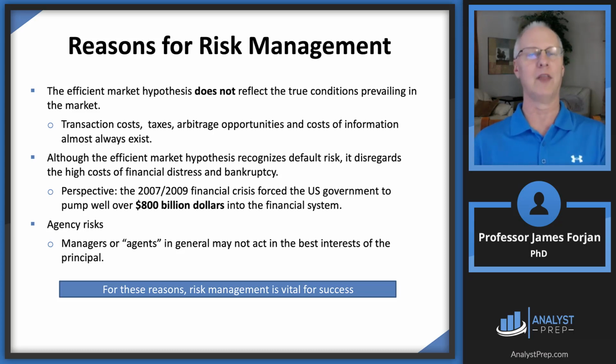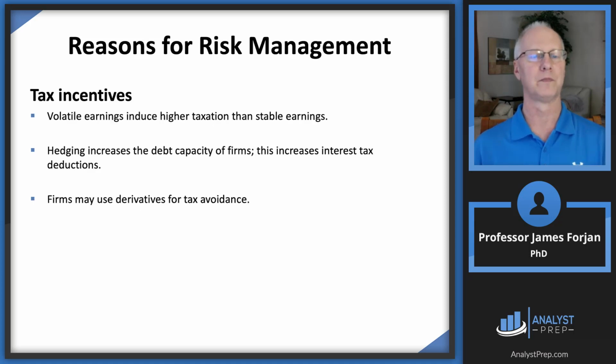We didn't know how to quantify the risks because the ratings agencies, among others, said that mortgage-backed securities have a AAA rating, and then clearly we didn't quantify those risks. In addition to that, we have this agency conflict, which is kind of a natural battle between the agents of a business, which are the corporate leaders, and then the owners of the business, which are the shareholders. So note, risk management is vital for success. Put an exclamation point after the word success.